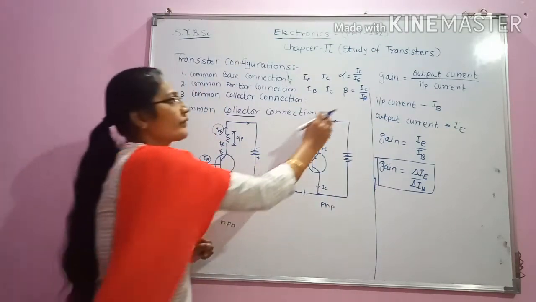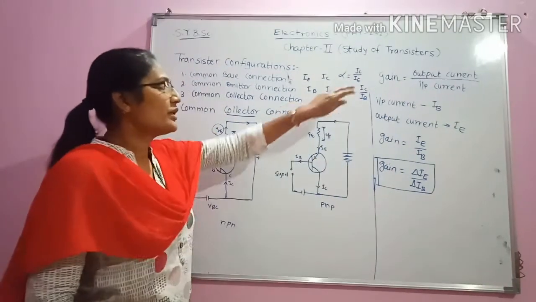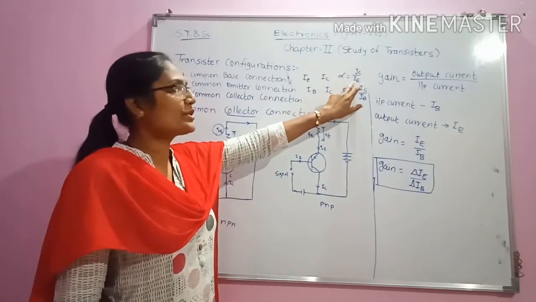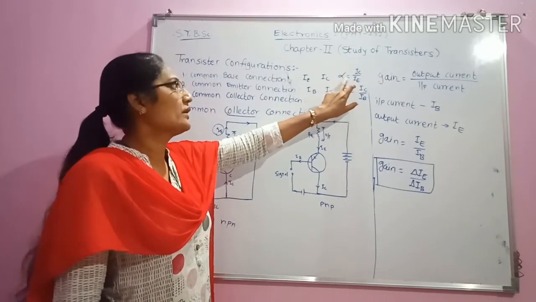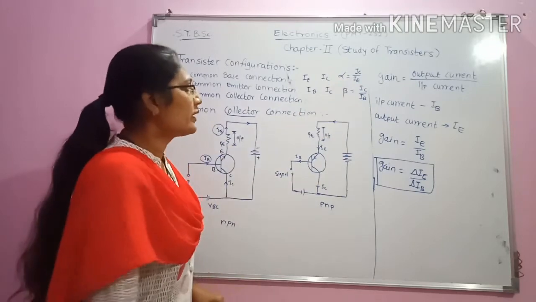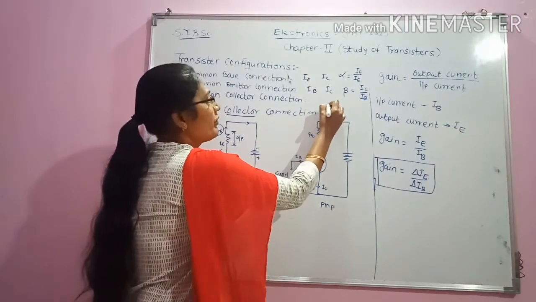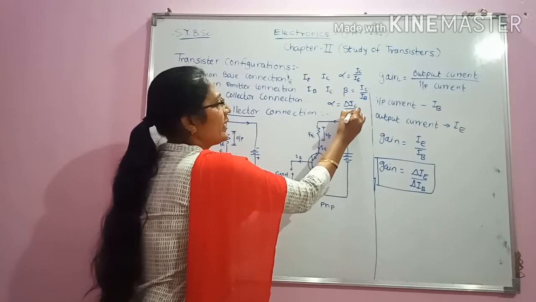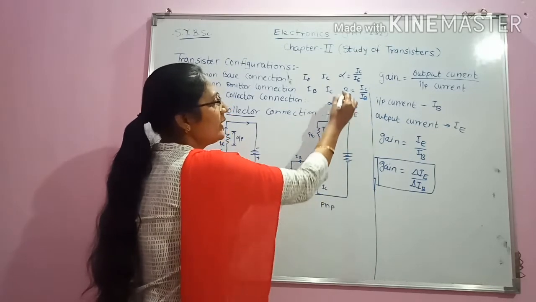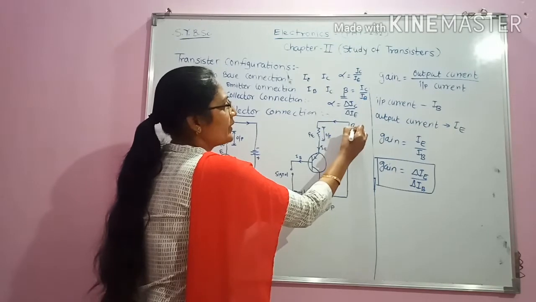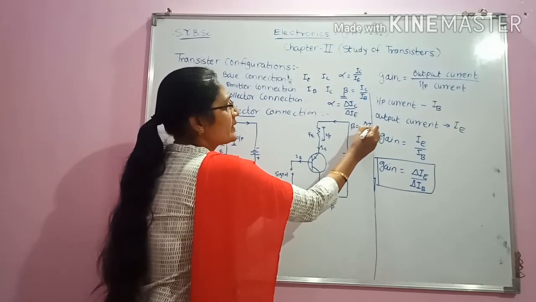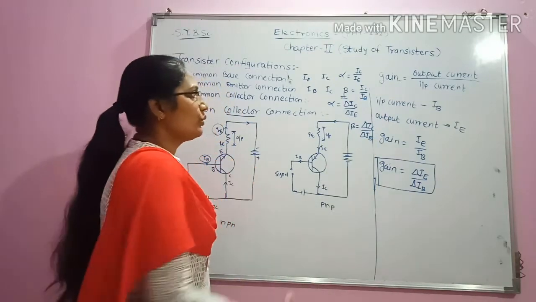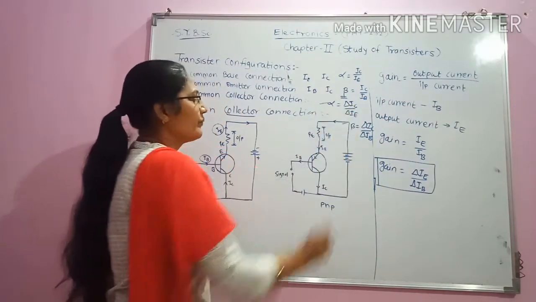Then, in case of change in current, output current to the change in input current, this alpha value can also be written as alpha is equal to delta IC upon delta IE, and this beta can also be written as delta IC upon delta IB. So these points we have covered.